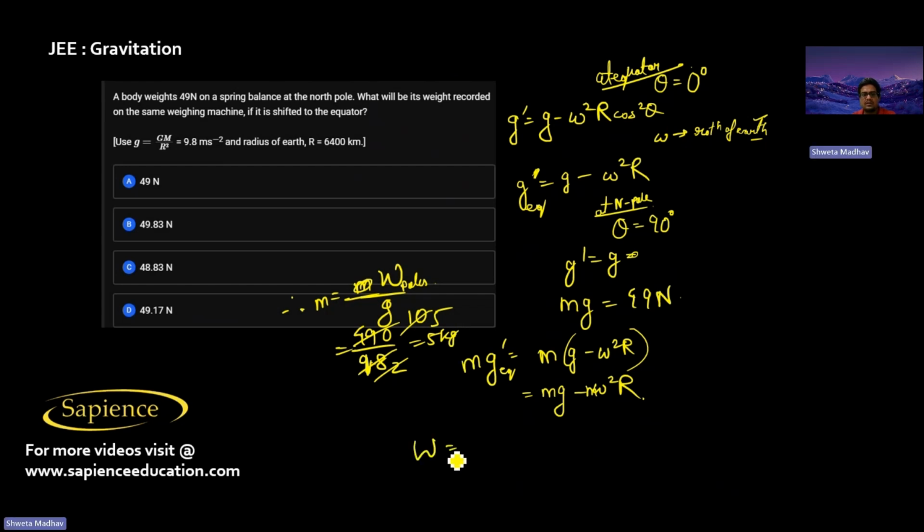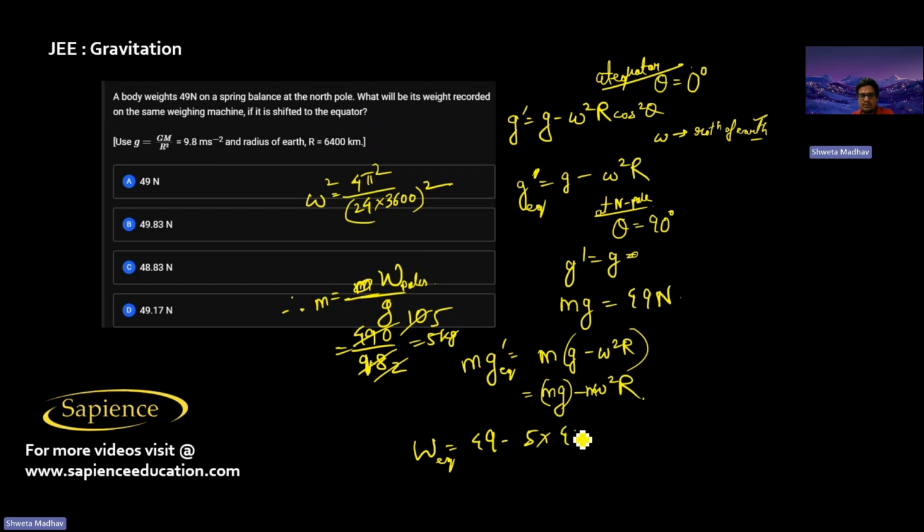So the weight at the equator equals the weight at the poles, 49 Newton, minus m, 5, into omega square. Omega of the rotation of the earth is 2 pi by T, so omega square will be 4 pi square by T square. T is 24 hours, so 24 into 3,600 whole square.